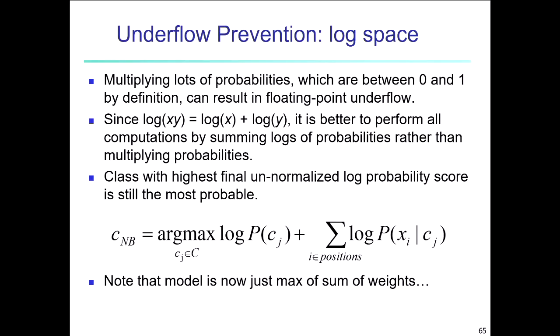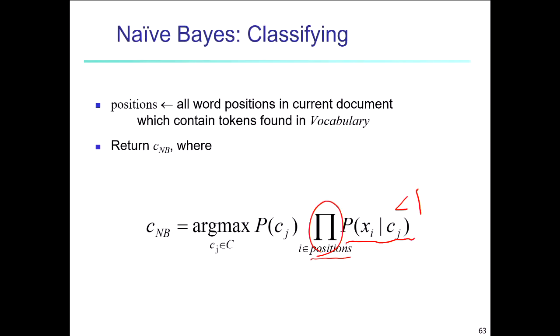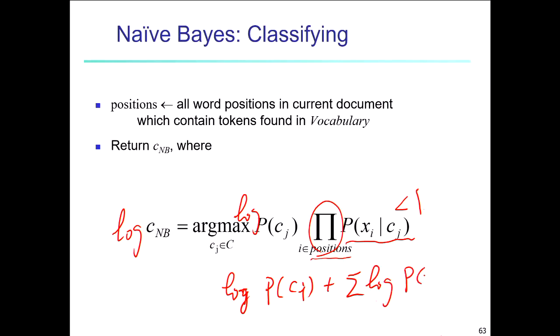So in order to solve this problem, we use log instead of directly doing the multiplication. If we apply log on both sides of the equation, we would have log of P(cj) plus sigma of log of P(xi given cj).